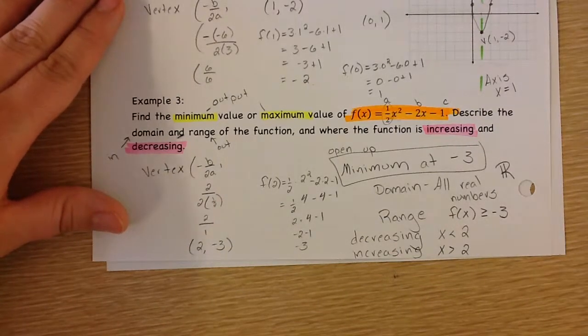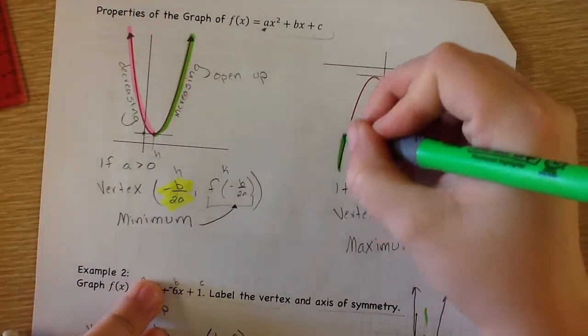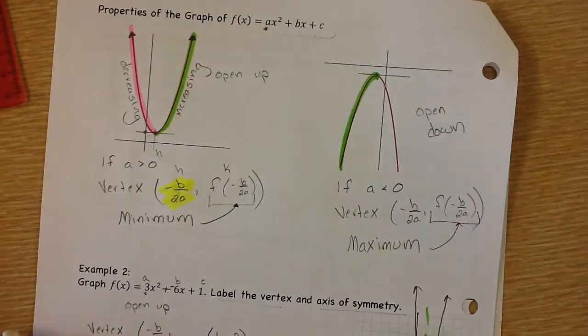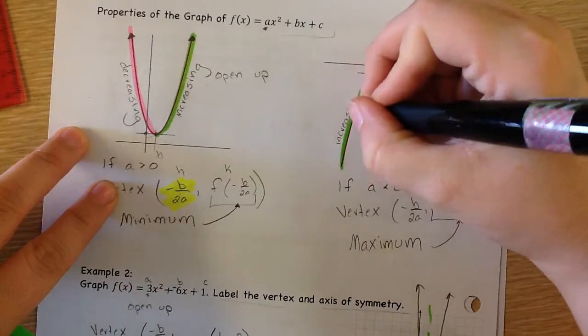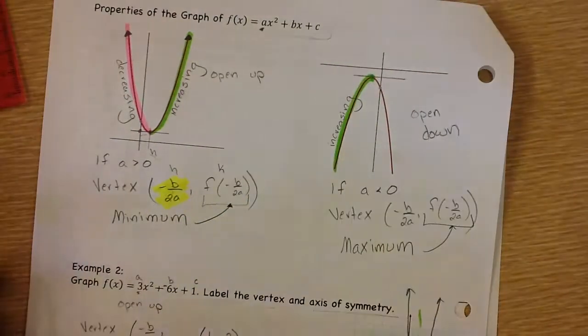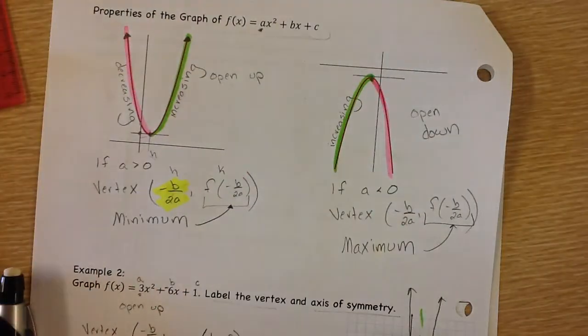Okay. That's for opening up. For an opening down, it's just the other way around. We're actually increasing from there. So these are increasing. And then we're decreasing on the other side.